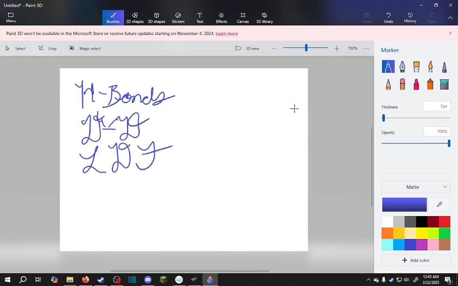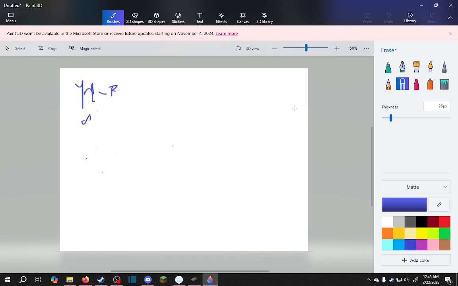Anyways, the point is you have all of those. Okay. So my assignment was to take two different substances and determine which one has the higher boiling point.